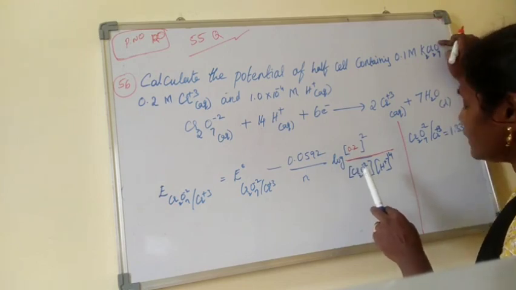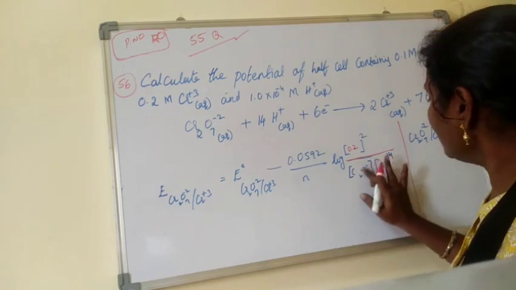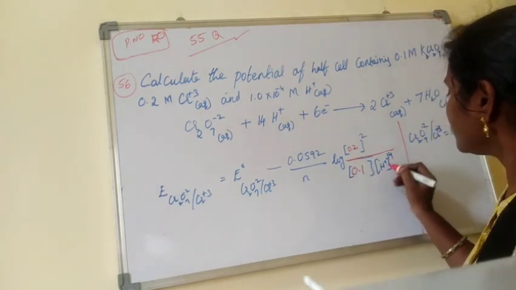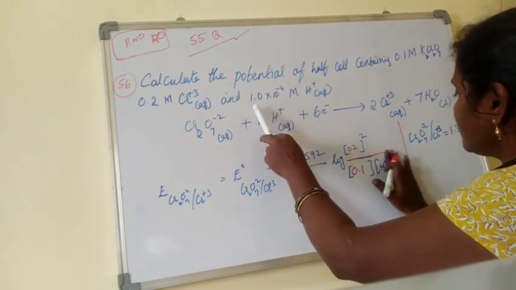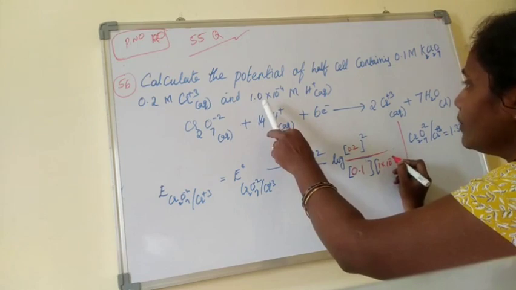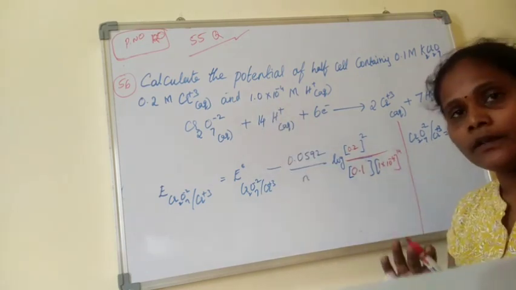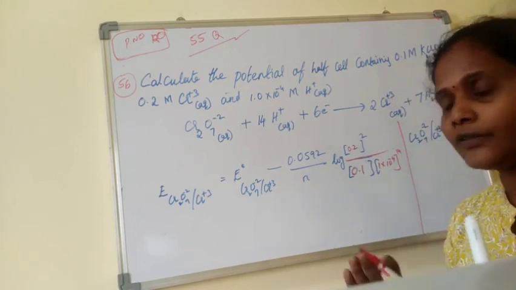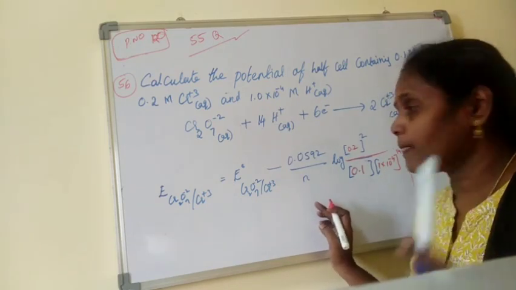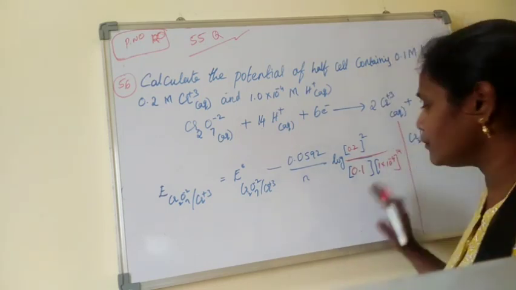This is the ionic form, that's all. Therefore, this will be my 0.1. And for the H plus ion concentration, careful, I have to write 1 into 10 to the power of minus 4, whole to the power 14. Fill it as it is. This is the Nernst equation we got from the beginning: products concentration by reactants concentration. However many there are, that many we have to include.